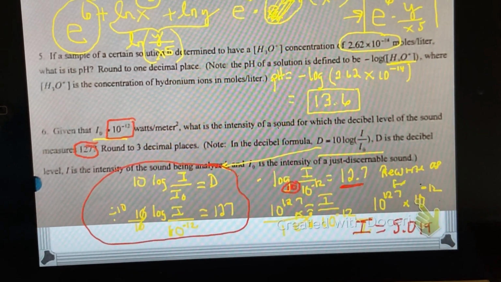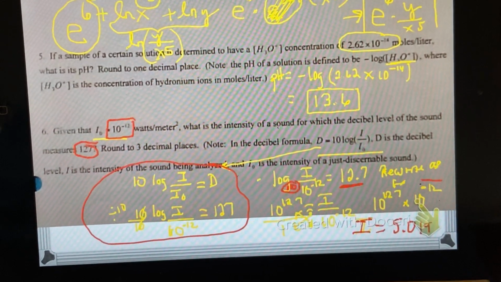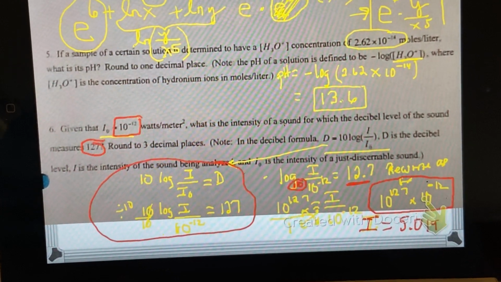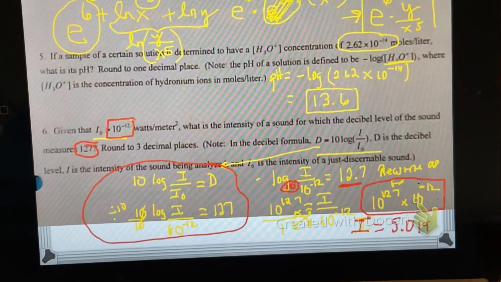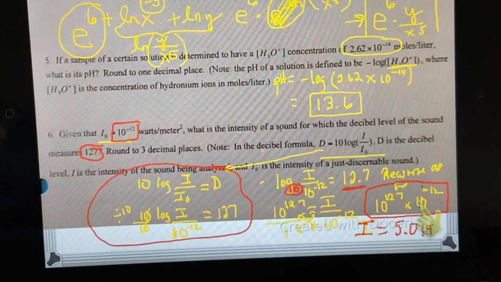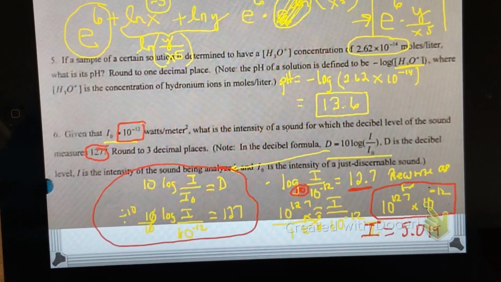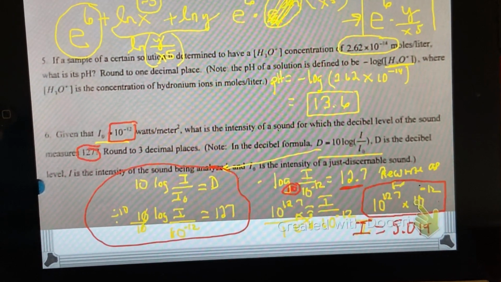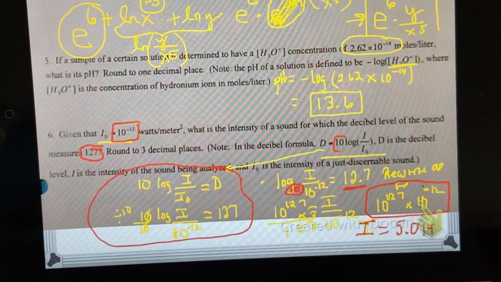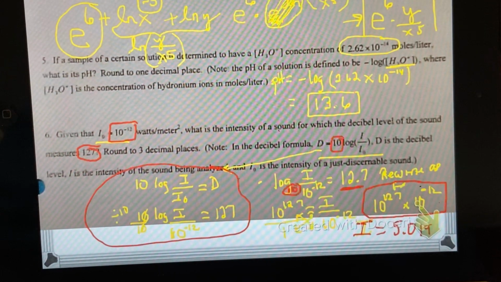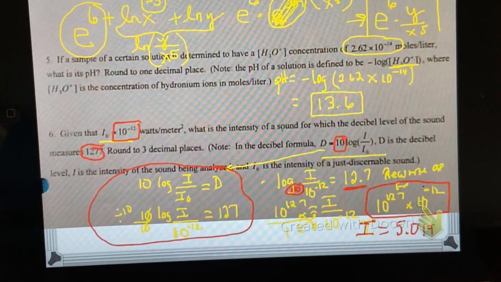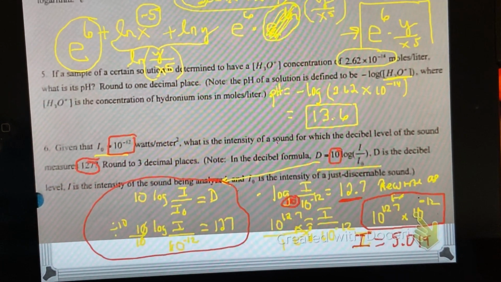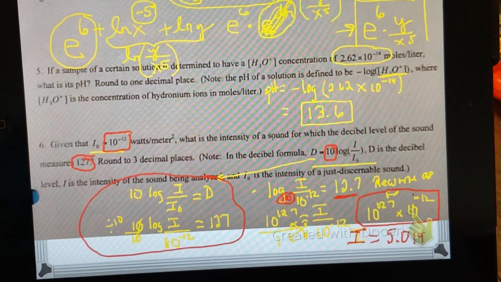Probably not, as long as you can see where I got this section right here. So don't forget to divide by 10 to scoot your decimal point over, because it's part of this formula right there. So divide by 10 first. So 10 to the 12.7 times 10 to the negative 12 will give your answer to you, okay?